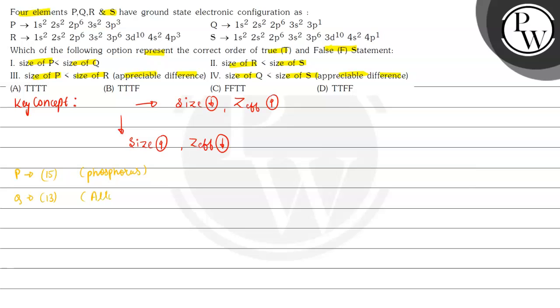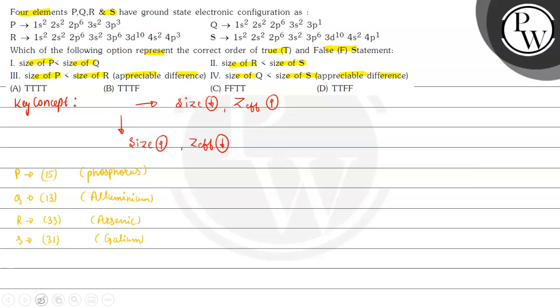Next we have R. R has atomic number 33, that is, arsenic, and S has atomic number 31. This is gallium.